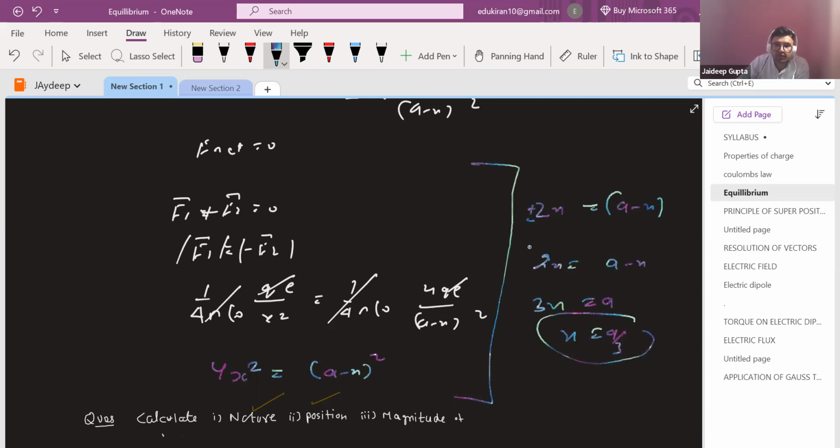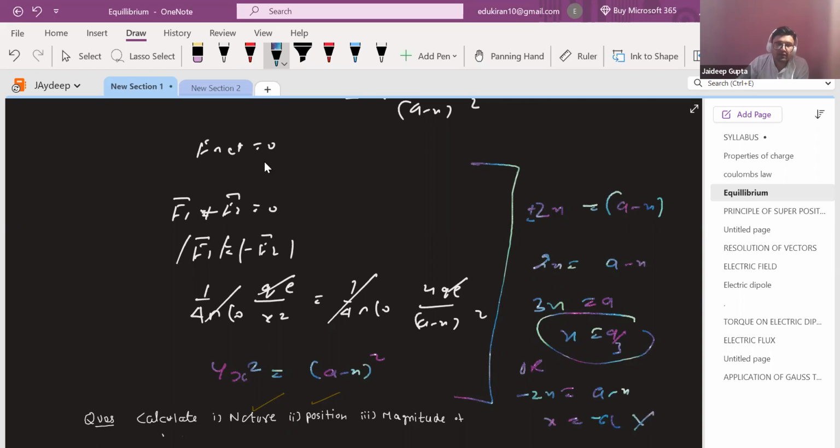This is the first possibility. Or minus 2X equals A minus X. If I take it to this side, then X equals minus A, which is impossible. This is not a possibility. So did you get this first one?